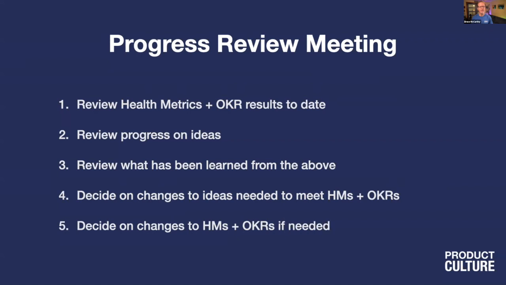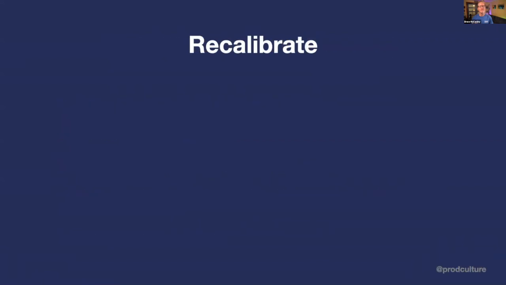I know that sounds like cheating, but sometimes, especially early days with a new product or a new feature, you haven't calibrated the OKRs quite right. And so there's this process you can go through called recalibration for your OKRs.